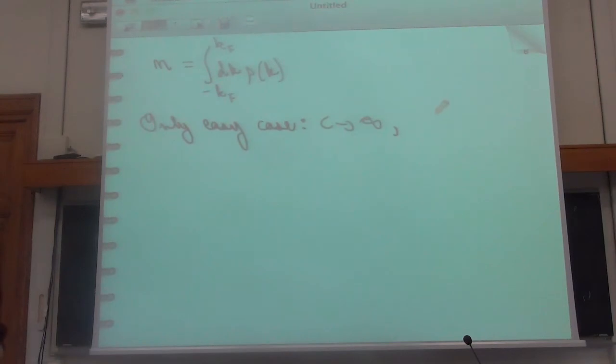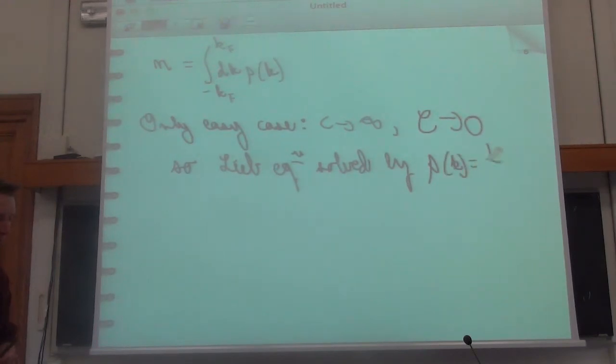Because then the kernel goes to 0, so the Lieb equation is solved by rho of k equal to 1/2 pi, provided you're in the region, so let's just write it as a Heaviside function of kF squared minus k squared.